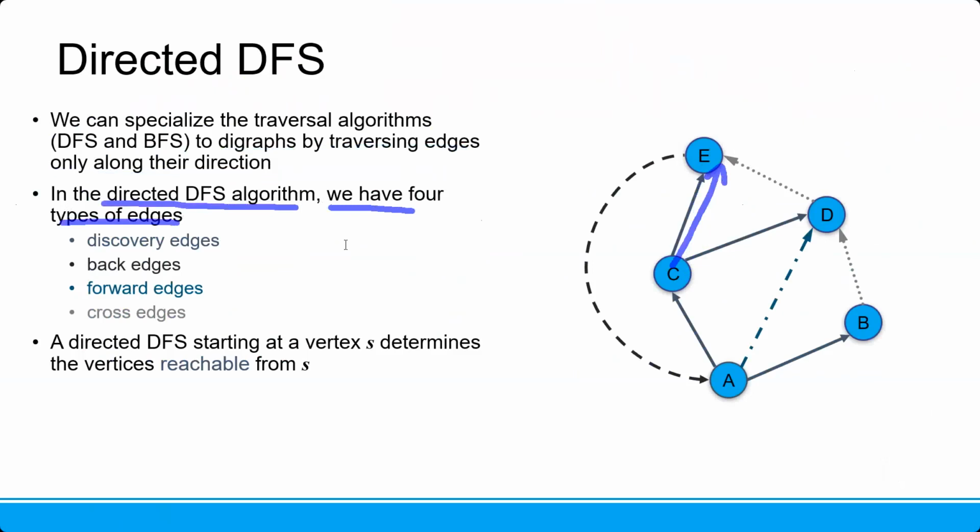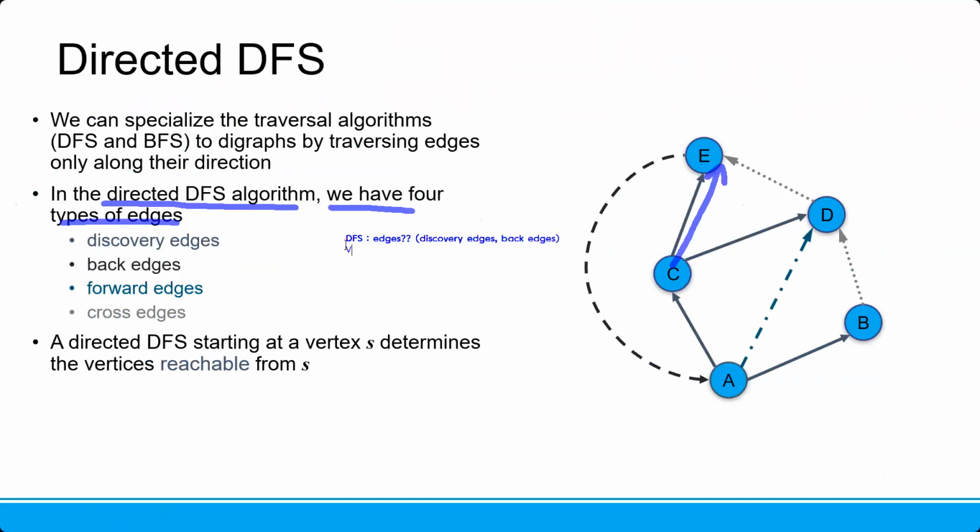Do you still remember in the DFS, how many categories of edges we have? We can have discovery edges, and then we can have back edges.